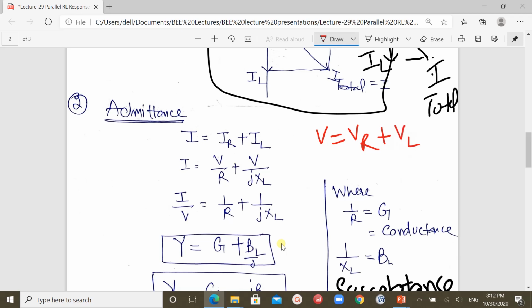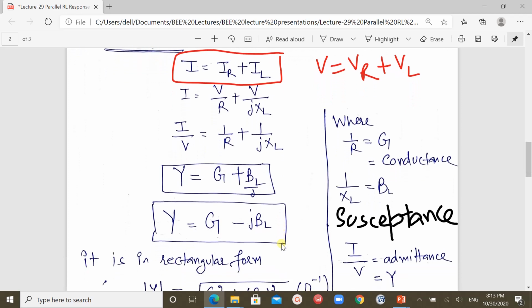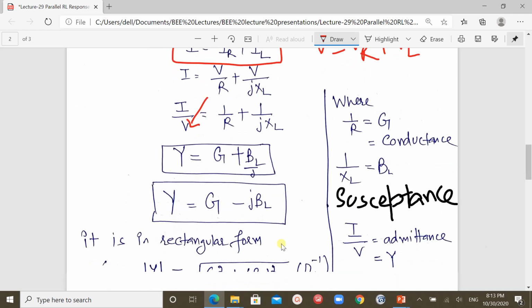But here we are writing this equation: total current I is equal to IR plus IL. We put the value of IR and IL, it is V upon R plus V upon jXL, and I have already told you why we put j here. So we simplify it, then we take V on the left side, and it will leave 1 upon Z equals 1 upon R plus 1 upon jXL.